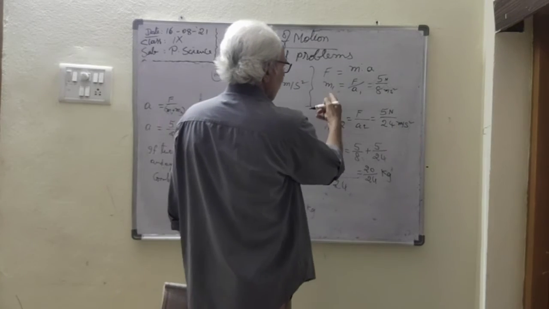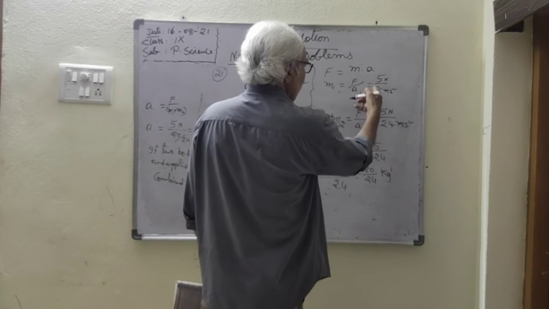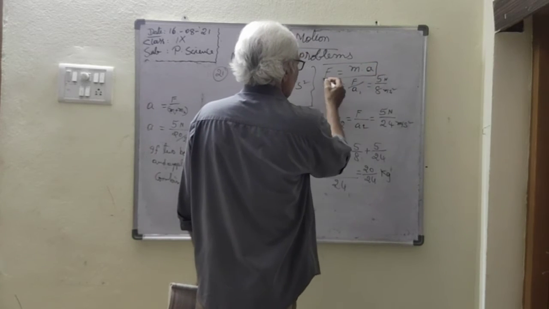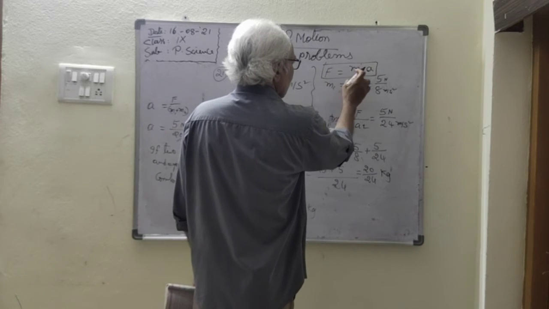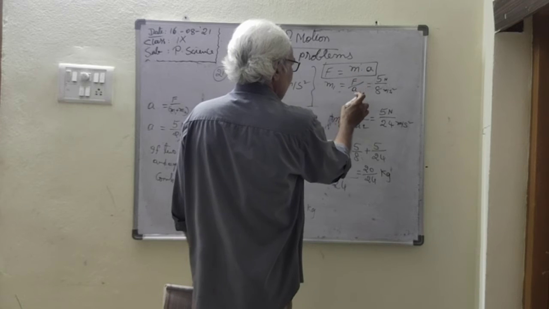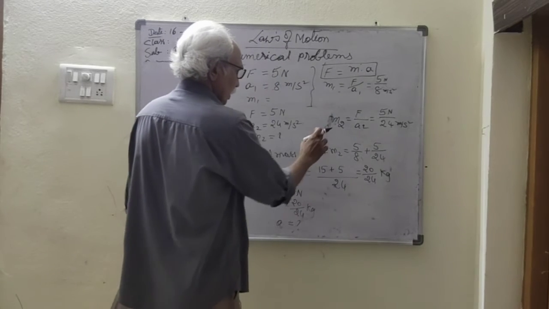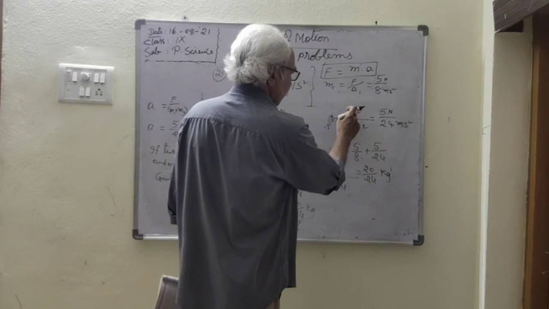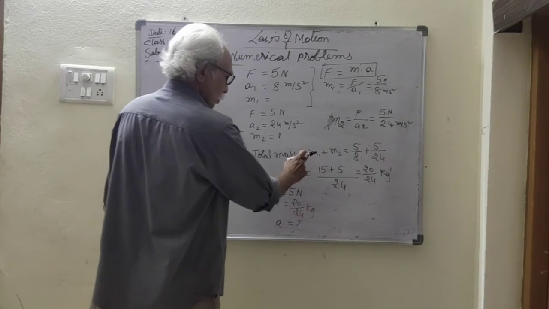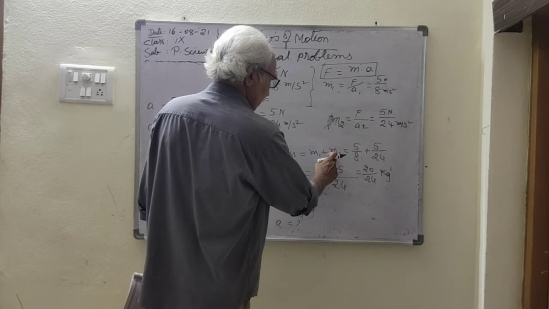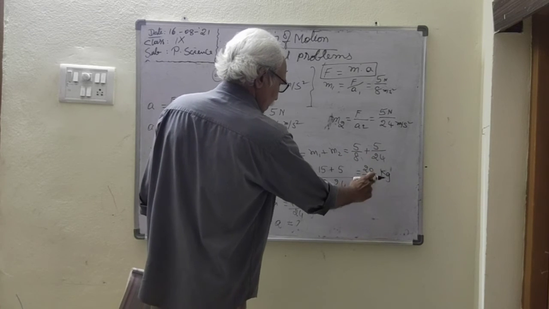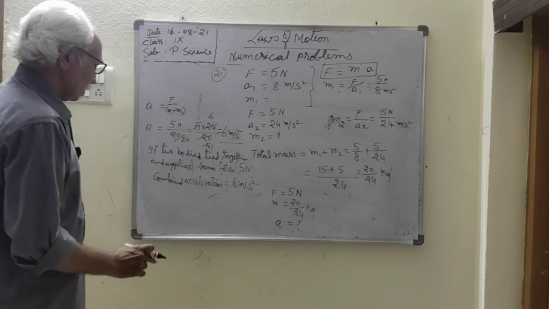According to the formula F1 is equal to m1 into a1, therefore m1 is equal to F by a1, so 5 by 8. The second body m2 is equal to F by a2, that is 5 by 24. So total mass m1 plus m2 is 5 by 8 plus 5 by 24, which is equal to 20 by 24 kg.